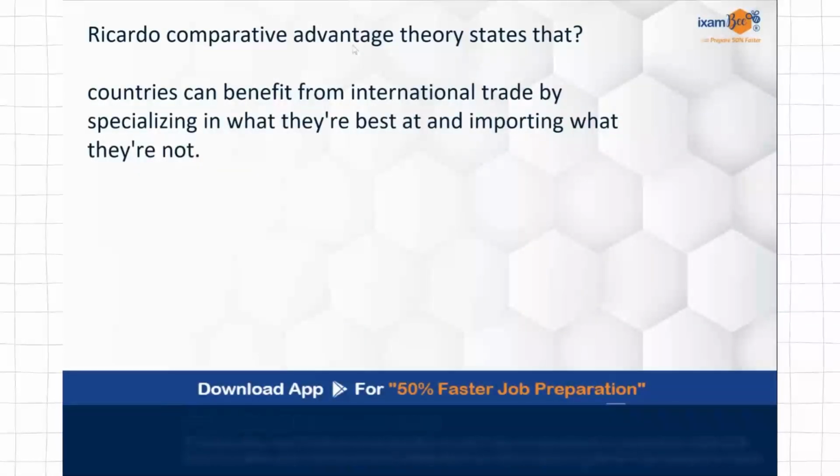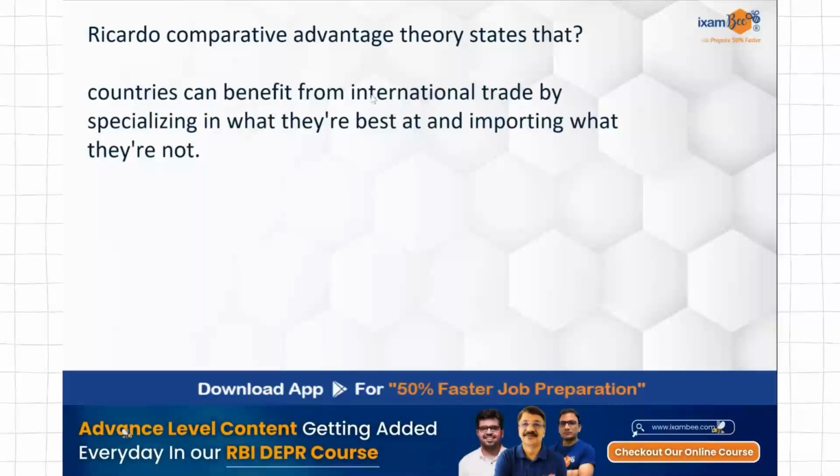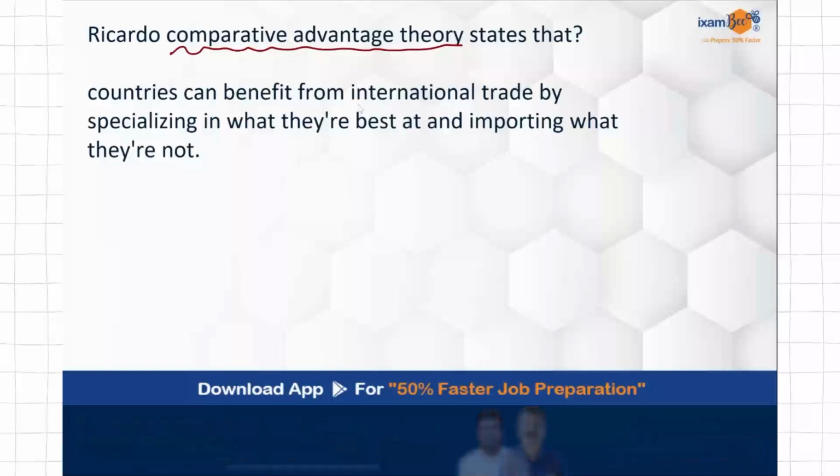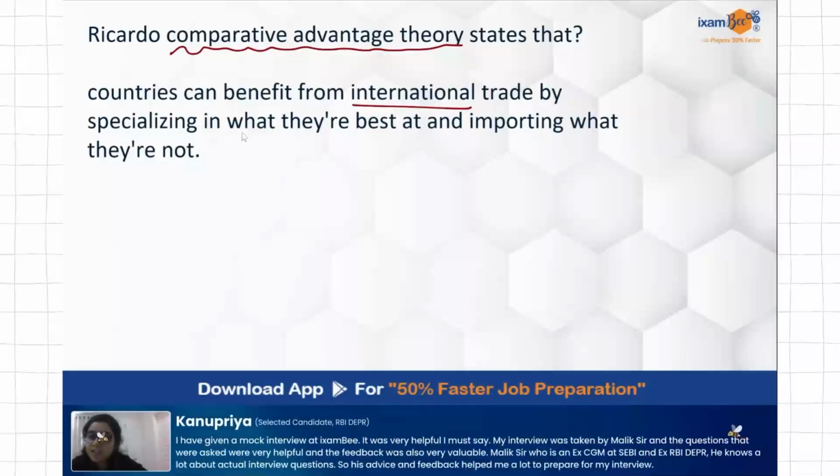Okay. Then we have Ricardo's comparative advantage theory. Again, the focus should be on the comparative advantage theory and the definition of it. It says that countries can benefit from international trade by specializing in what they are best at. That means the efficiency, and importing what they are not.